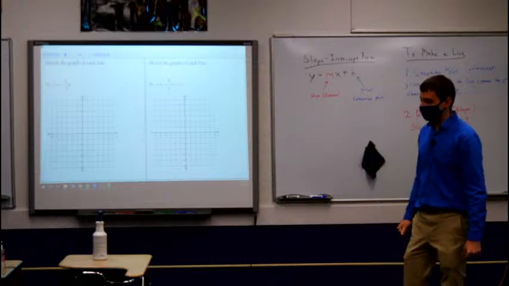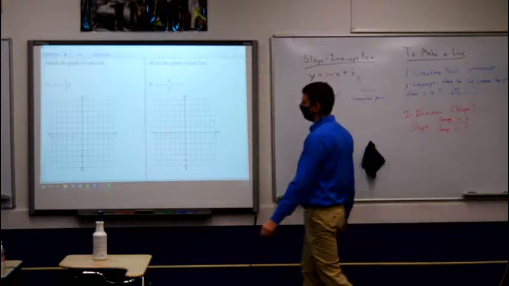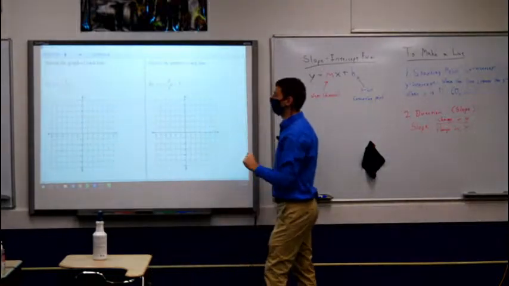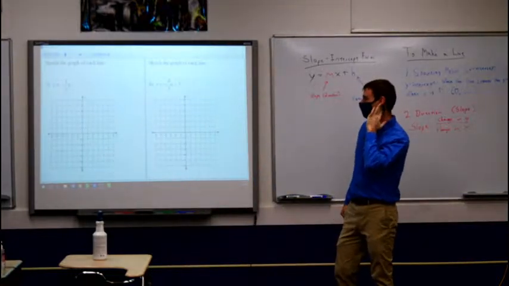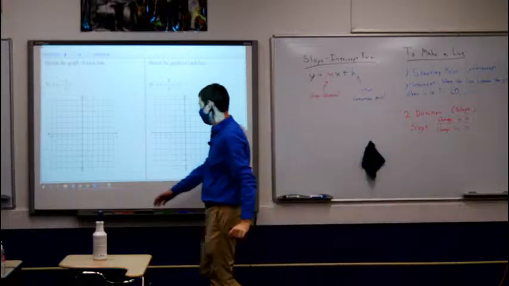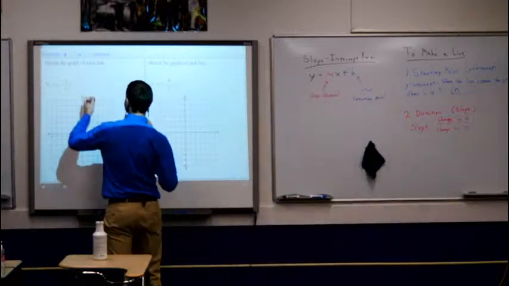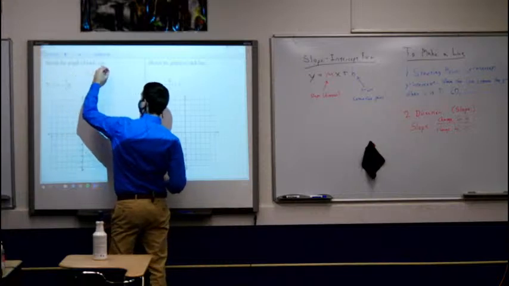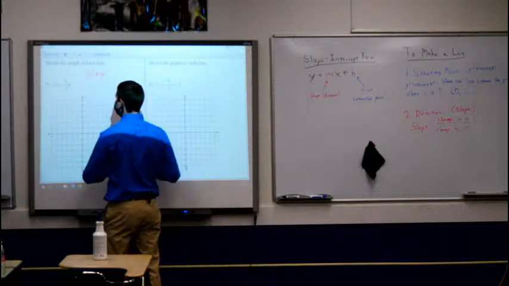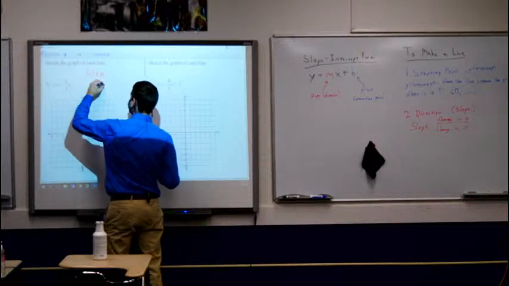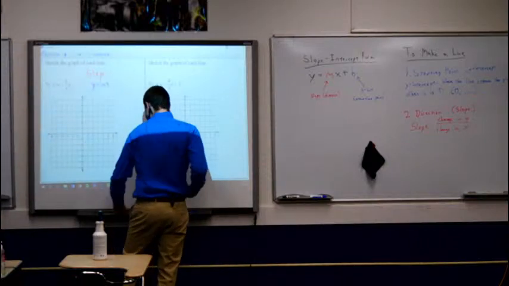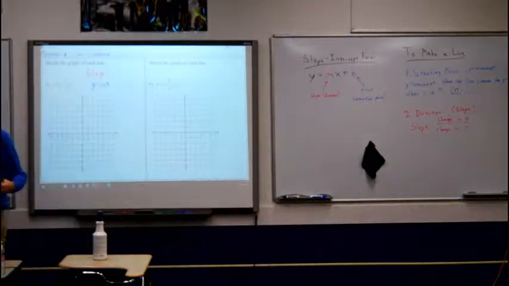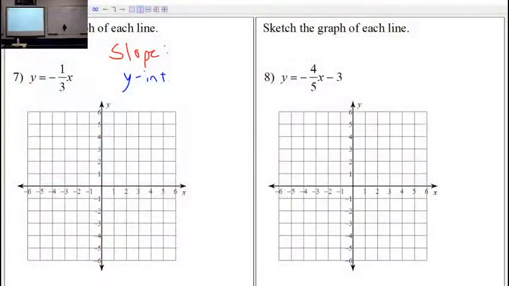All right, so I'm going to recap this first one fairly quickly, because I think I did it in most of my classes. I'm not sure if I did it here. But on each of these, we're going to get slope and y-intercept.